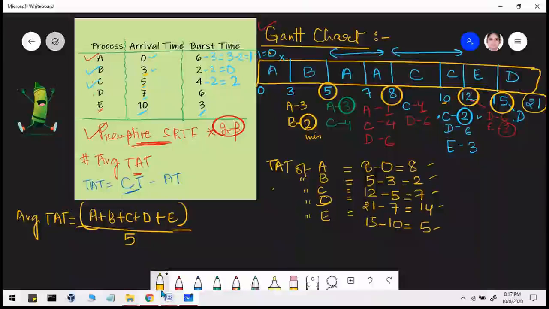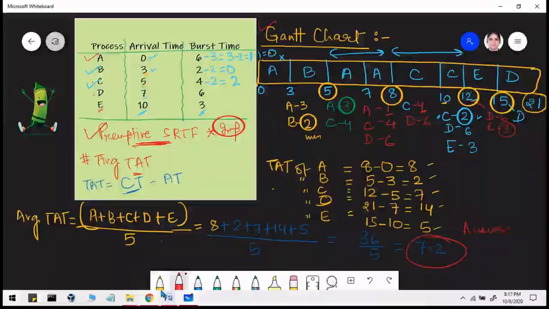So here we have 8 plus 2 plus 7 plus 14 plus 5, divided by 5. The result that you are going to get is 36 by 5, and what is the result? 7.2.